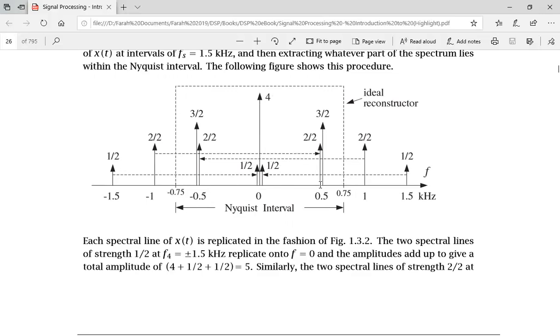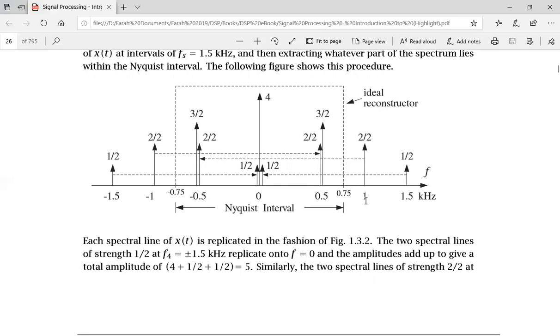Similarly, you have the original spikes of the signal at 0.5 kilohertz, f2, and this component of 2 by 2 is due to f3, which was previously lying at 1 kilohertz.